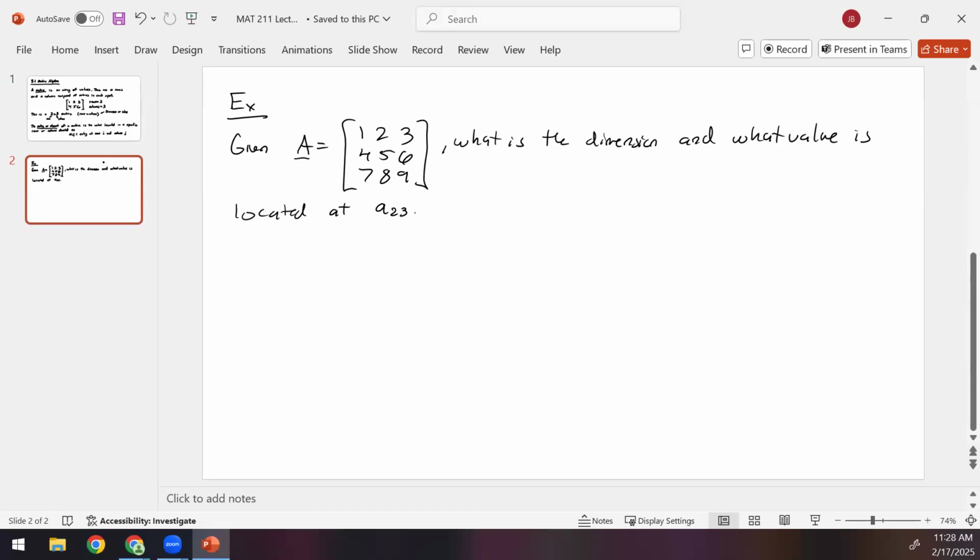Then we can say that, well, if we count how many rows and columns, so the row by columns, I like to put little parentheses around them, but that's just an optional thing. I count and there's 3 rows by 3 columns. And then the value located at a_23. So if I count row 2, where the 4 starts, and then go to the third one, 6, then we're at 6. So 6. Row 2, column 3. That's going to be this number right there.